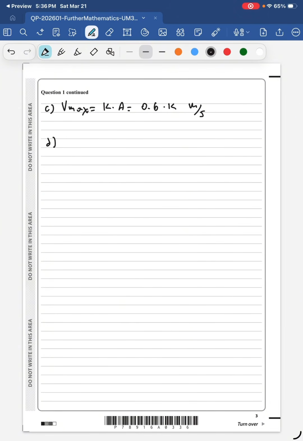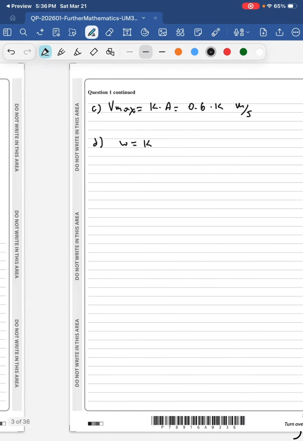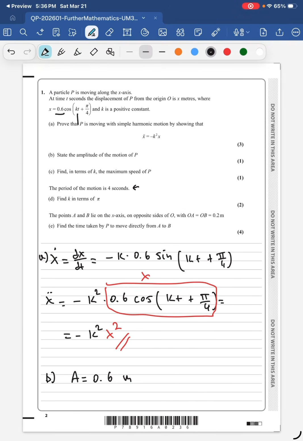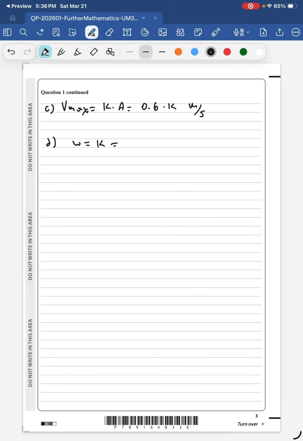Omega is equal to k, and we know that because for simple harmonic motion, we have cosine of (omega t plus phi). So we identify k as omega. But omega is 2 pi over T, which is equal to k. And T is just 4 seconds, so k is pi over 2, with seconds to the minus 1 as the unit.